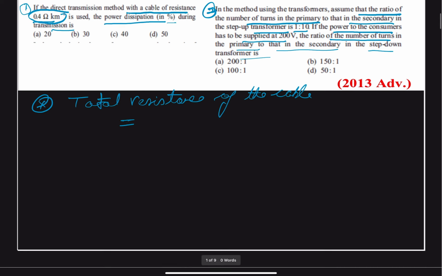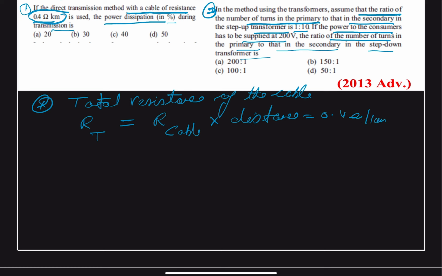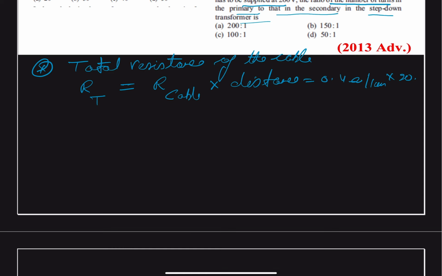Let us call that R total, and that will be equal to the resistance of the cable per kilometer multiplied by the distance, that is 0.4 ohm per kilometer multiplied by 20 kilometer. So we get the total resistance equal to 8 ohm.